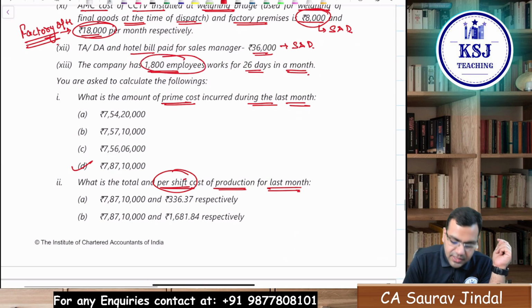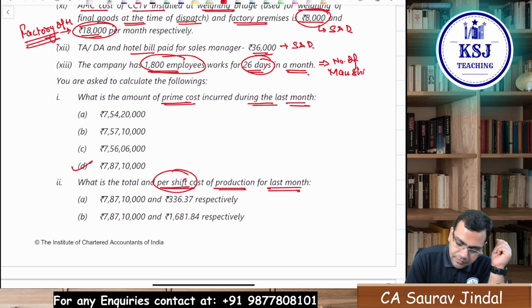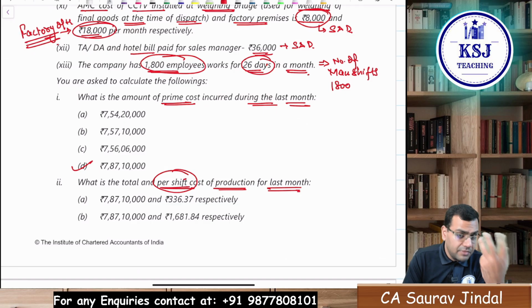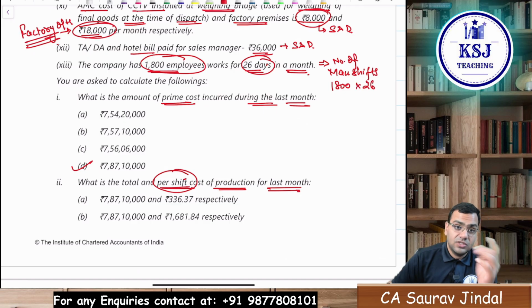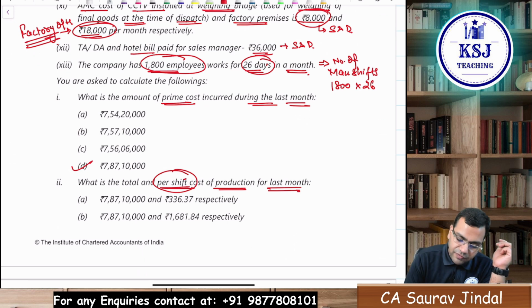1800 employees are working for 26 days in a month, right? So from here, what we will get is the number of man shifts. 1800 workers are there, multiplied by 26 days. One day of 8 hours is one shift. So 1800 multiplied by 26 comes to 46,800 man shifts.